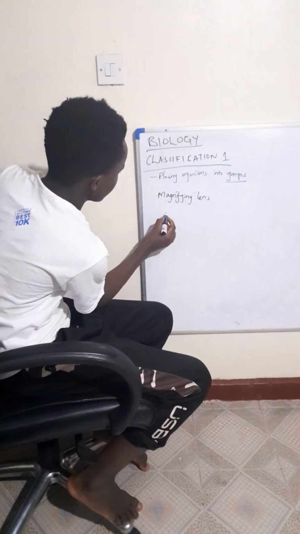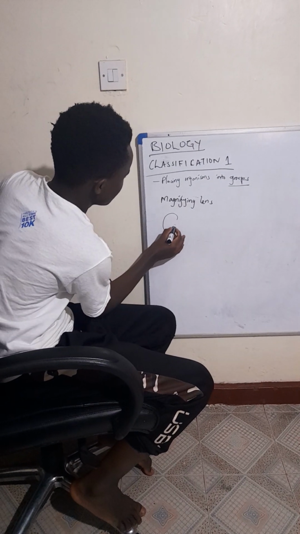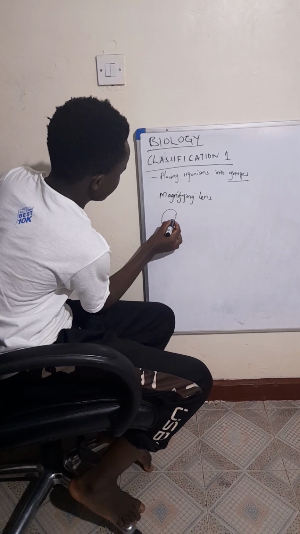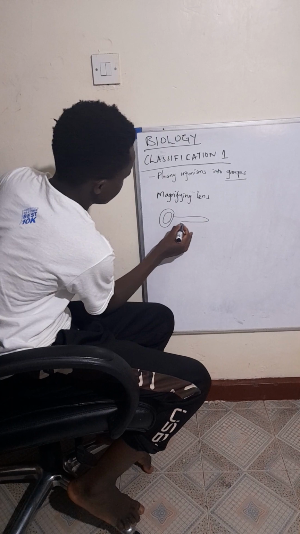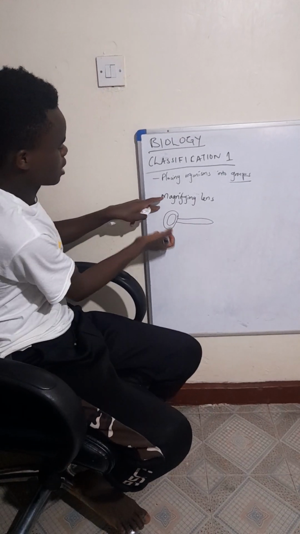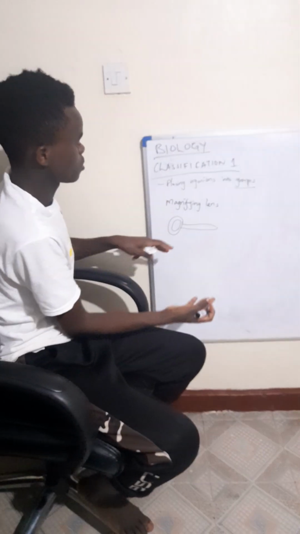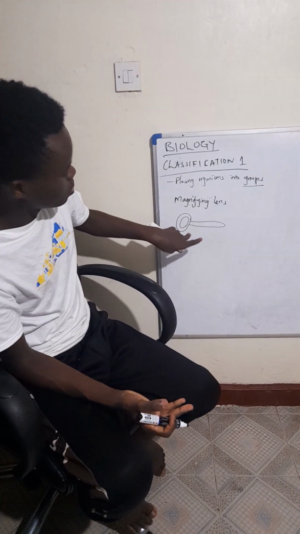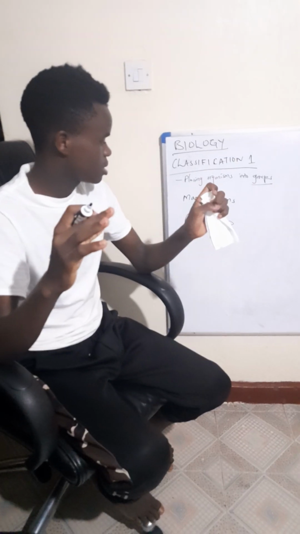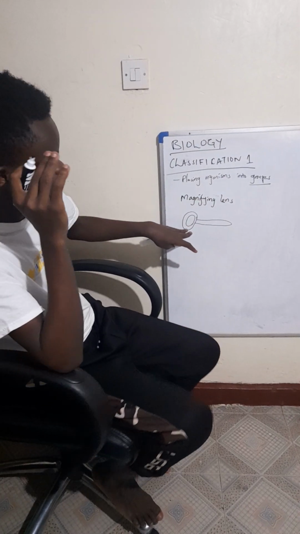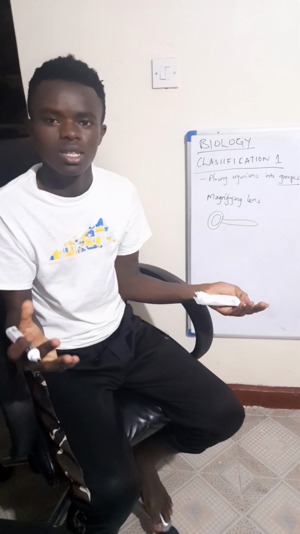So we are going to look at how you can use a magnifying lens. Generally it looks like this. I'm not a good drawer, but it's something of the sort. This is the lens, this is the handle. Whenever you want to study a specimen, first of all you have a working table. Take a case, maybe a grasshopper.